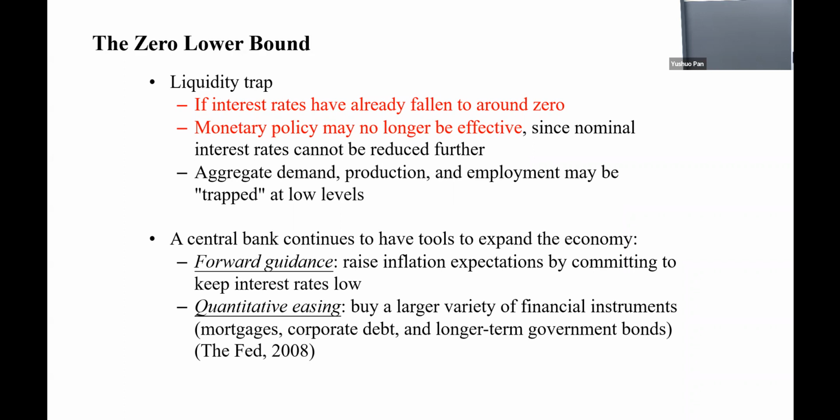These economists suggest two ways. The first is forward guidance: raise inflation expectations by committing to keep interest rates low. In this way, the Fed is telling you there is a good future, which means people do not hesitate to invest.